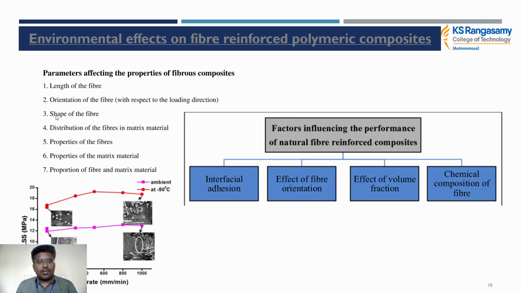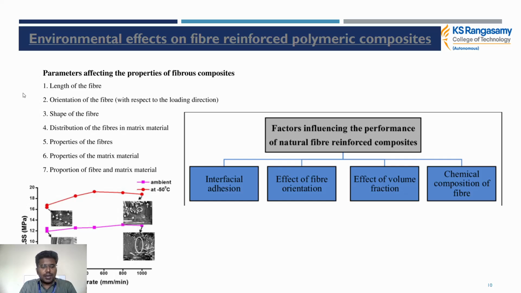Next, various environmental effects in fiber reinforced polymeric composites. Majorly, seven things are considered: length of the fiber, orientation of the fiber, shape of the fiber, distribution of the fiber in the matrix material, properties of the fibers, properties of the matrix material, and the proportion of the fiber and the matrix material.